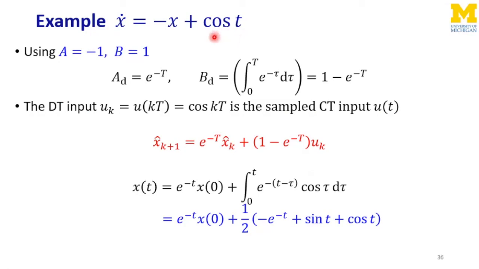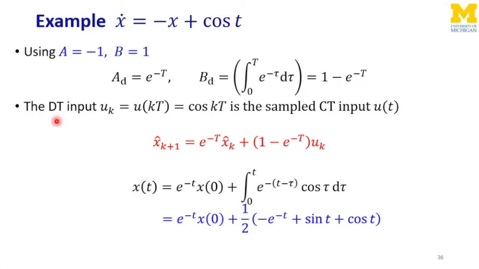Now note that this cosine t is actually not constant between any two samples, because whatever sample time you choose, this input u(t) is always changing. Anyways, with this value of A and B, we can construct the discrete time system Ad and Bd. So Ad is simply given by e to the minus T, and Bd can be computed by this integral, which ends up being 1 minus e to the minus T.